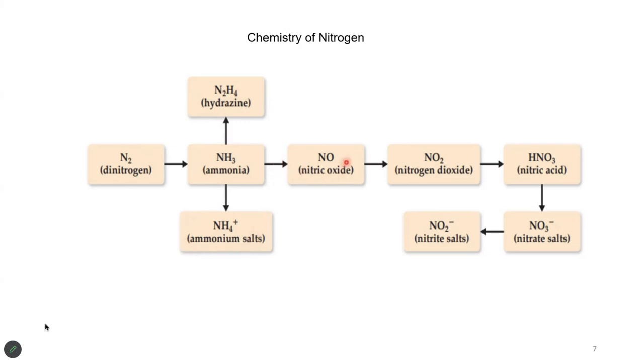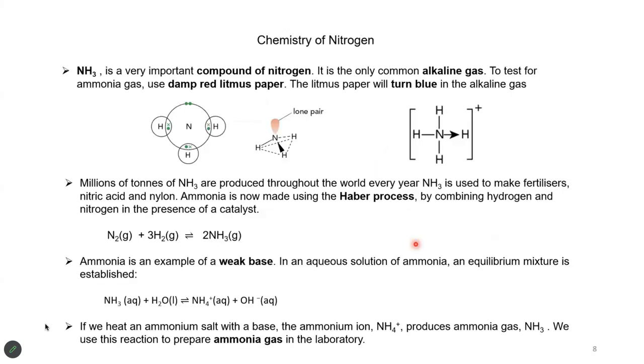Then also nitric acid, nitrogen dioxide, which we talked about. And then nitrate salts and nitrite salts. This is a schematic diagram of how many different compounds of nitrogen we can get in our chemistry. With these slides, I'll finish our lecture.